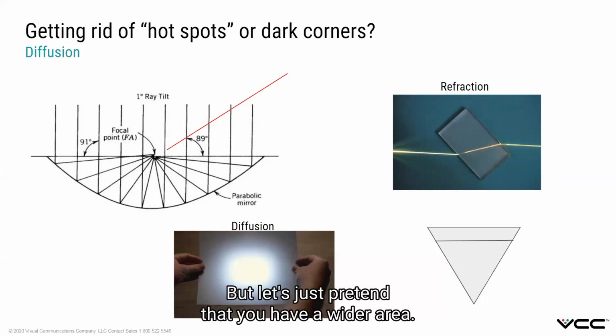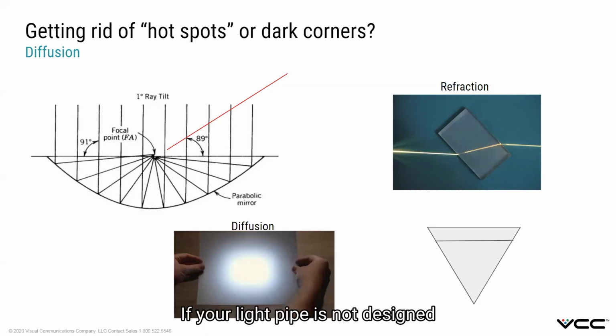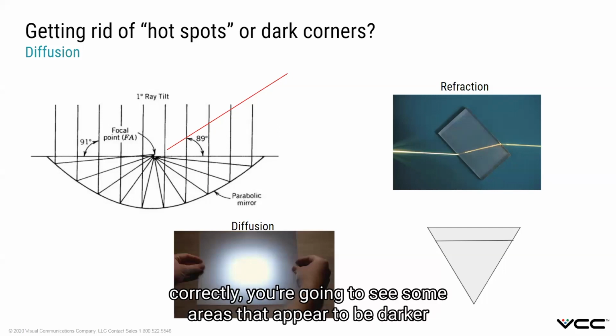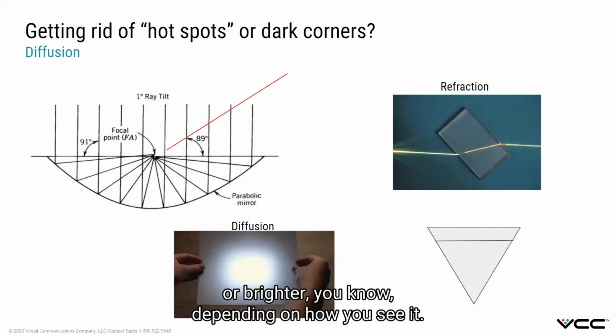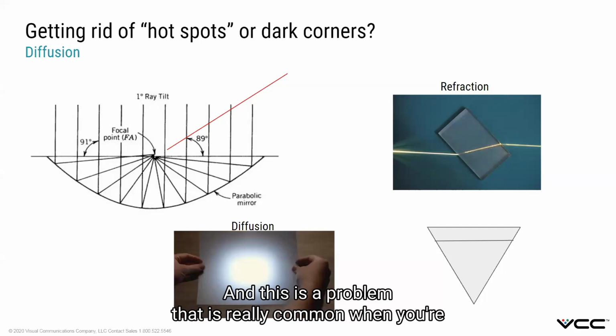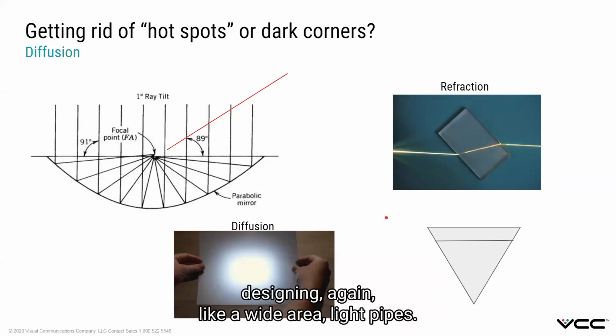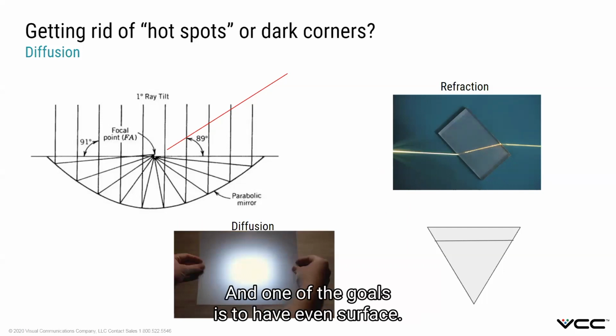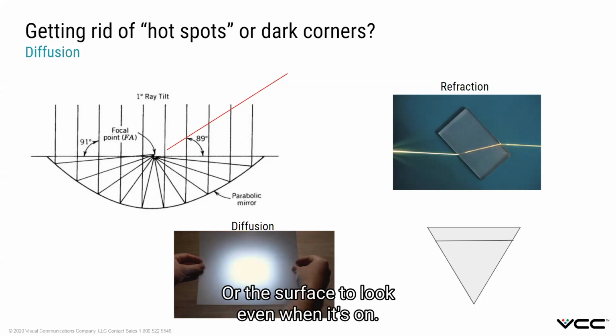But let's just pretend that you have a wider area, and if your light pipe is not designed correctly, you're going to see some areas that appear to be darker or brighter, depending on how you see it. This is a really common problem when you're designing wide area light pipes. One of the goals is to have an even surface, or the surface to look even when it's on.